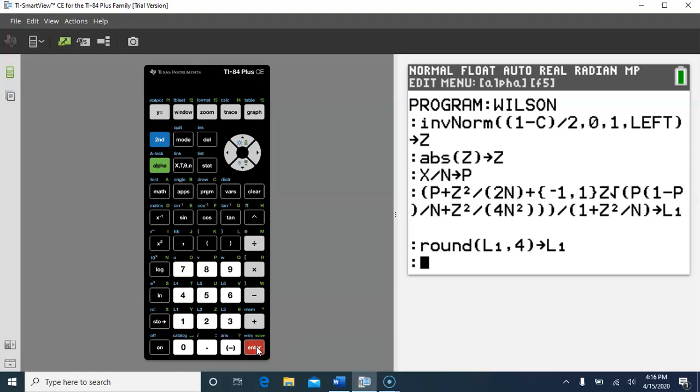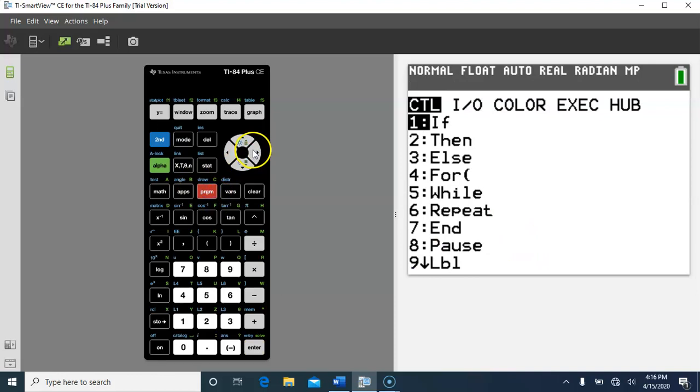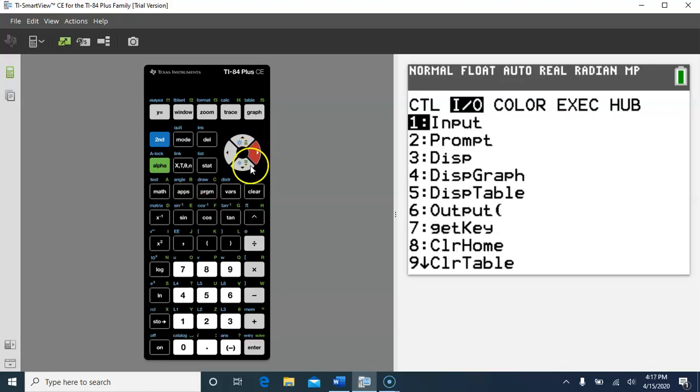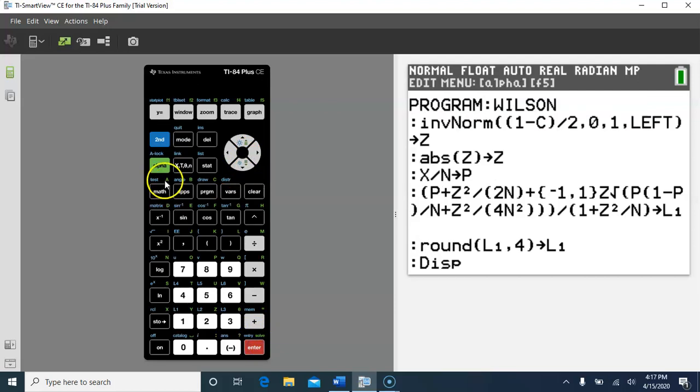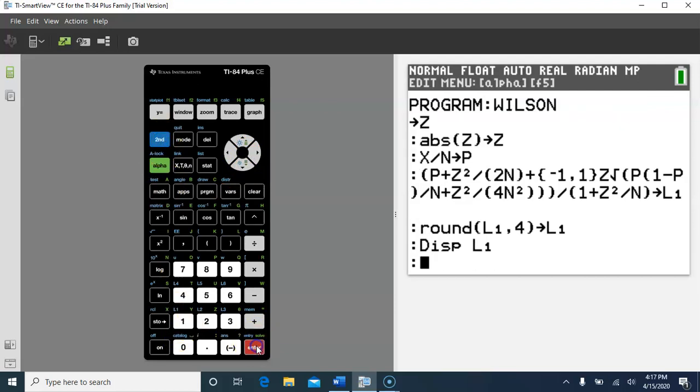By the way, you could round off to 5 decimal places if you wanted to. Now all we're going to do is display, so that's program IO, item 3 is display. We're going to display the contents of list 1.